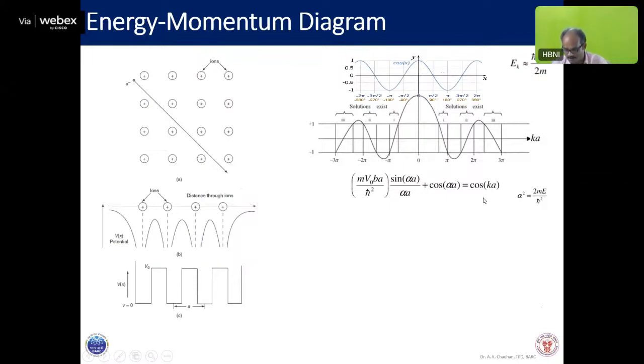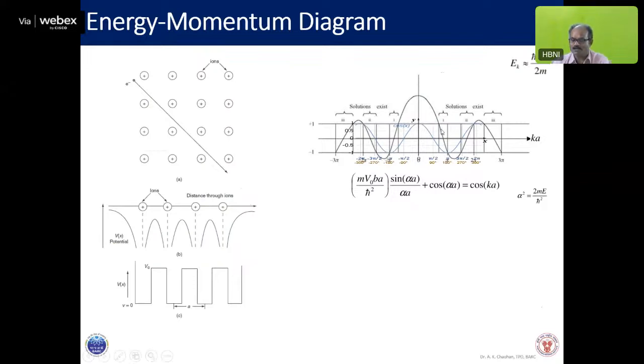In order to have a possible solution for this problem, you need to have values between +1 and -1. Otherwise, for all other values, there will not be any solution. These values for which there is no solution are the forbidden values, and these come as the band gap. This is the mathematics behind the band gap.